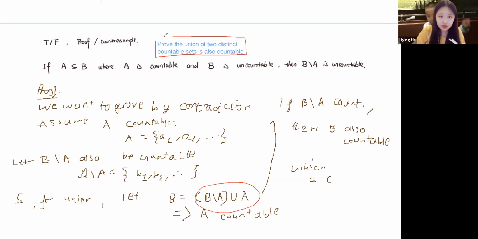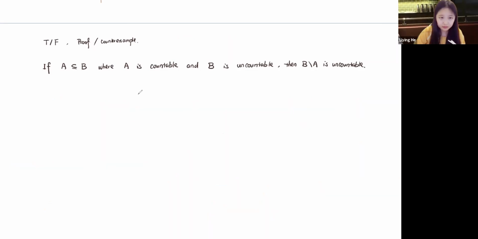This part, we need to show this part. I'm gonna erase what's written here. And someone write down the proof of: the union of two distinct countable sets is also countable.